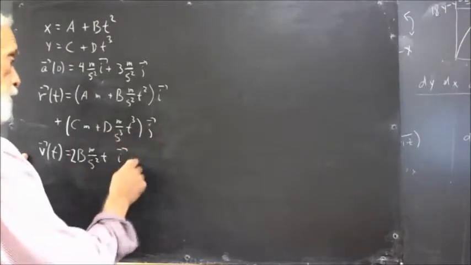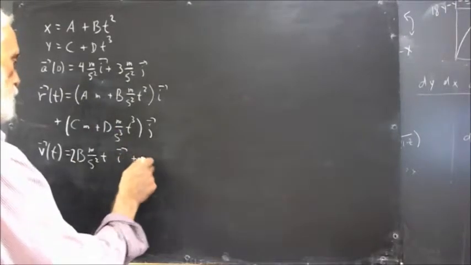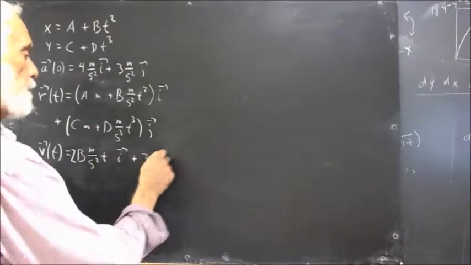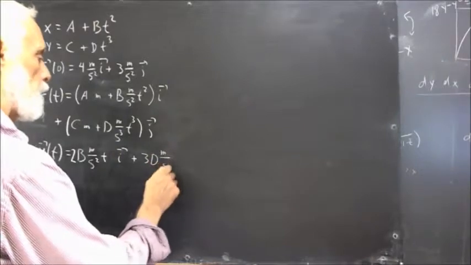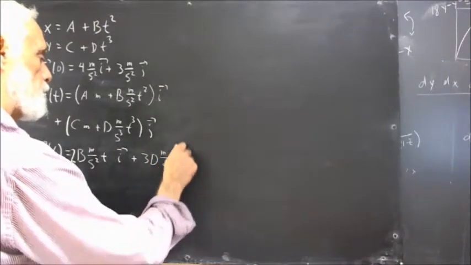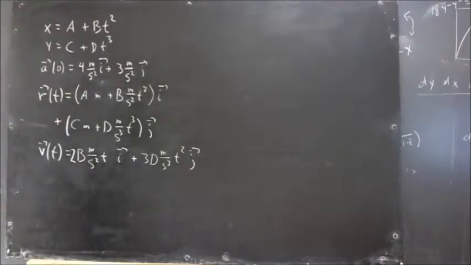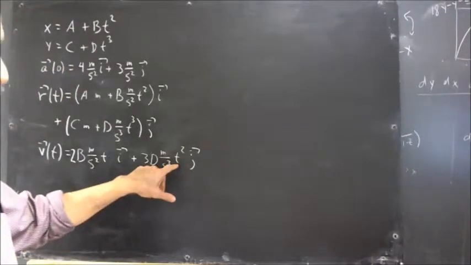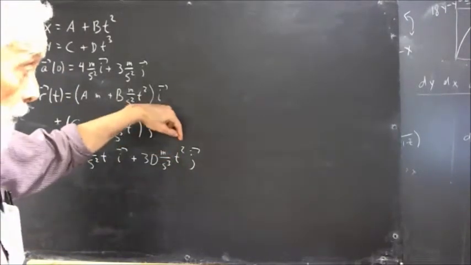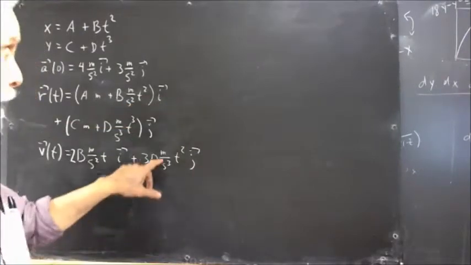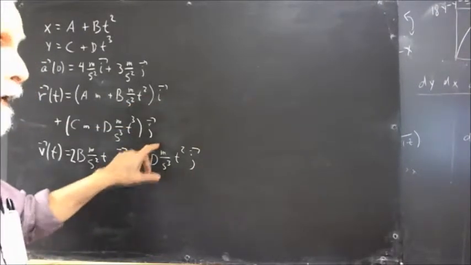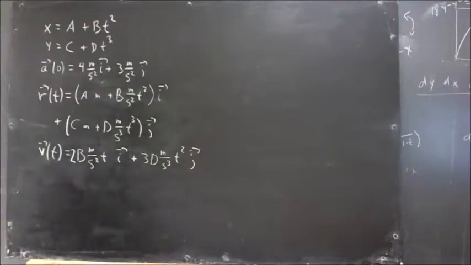And then we have here plus 3D meters over seconds cubed times T squared J. And again, if you multiply the seconds squared you get from squaring the time by the meters over seconds cubed, you get meters over seconds, so that the velocity vector comes out with units of meters per second.